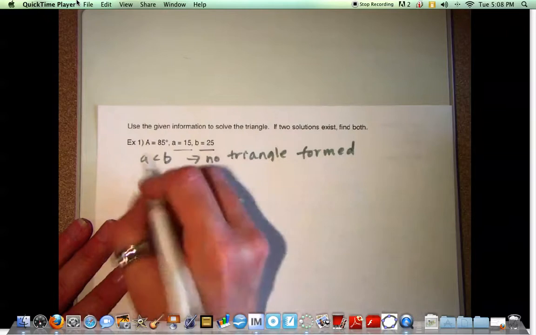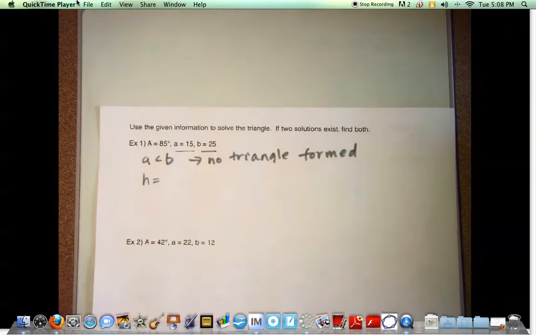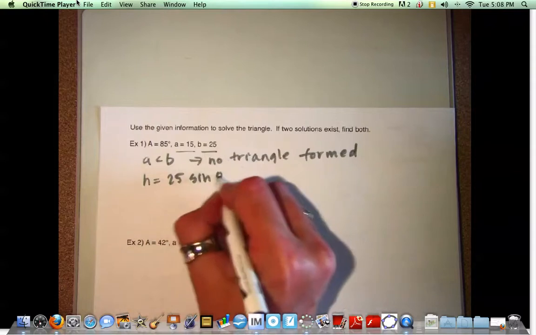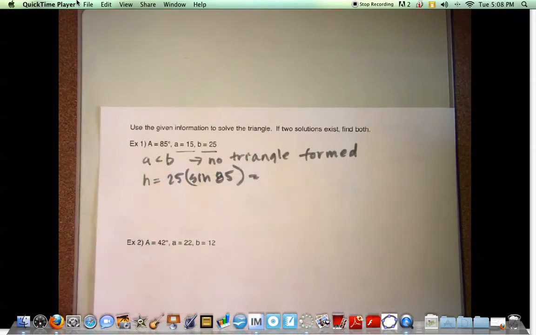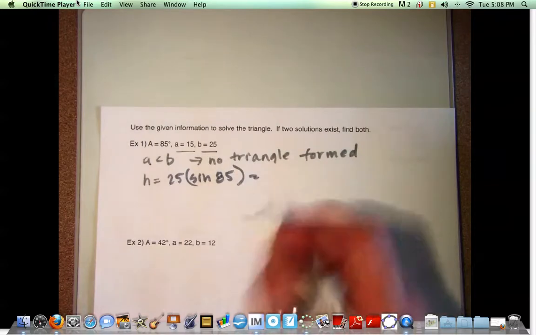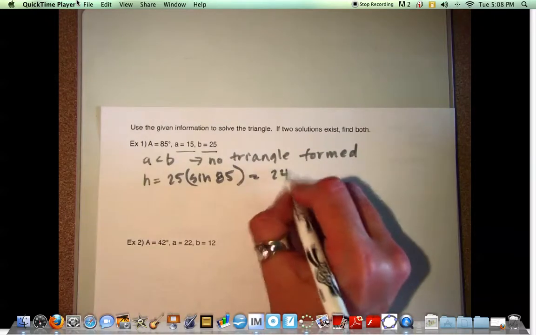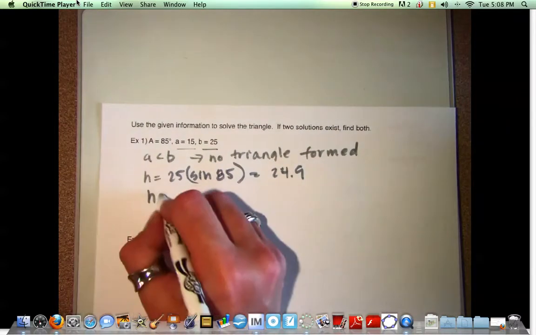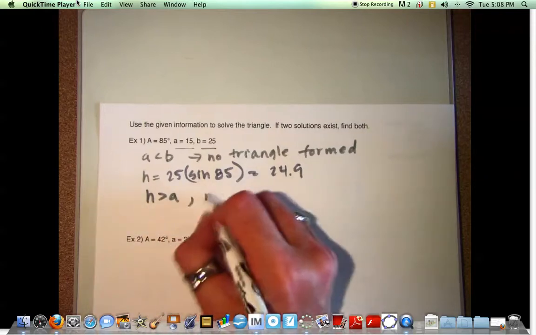What we need to check is the value of h, and h is equal to b times sine of A. So our b is 25 sine of 85, which gives us 24.9. Since h is greater than a, there is no triangle formed.